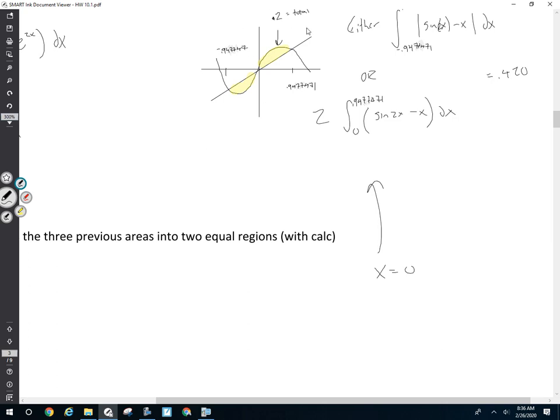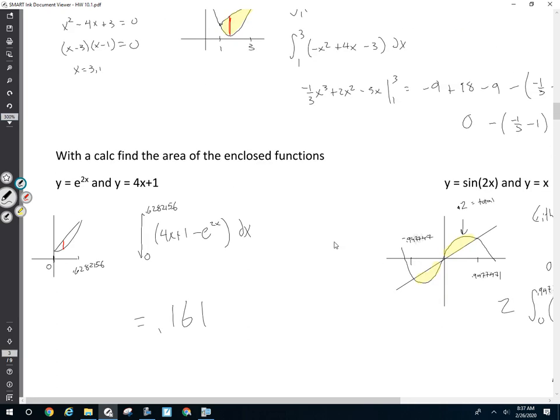X equals 0 is going to split the region into 2 equal parts. So to the left is the same as to the right. But I want to just focus on the area in the first quadrant, and we're going to do the problem just with the area in the first quadrant.